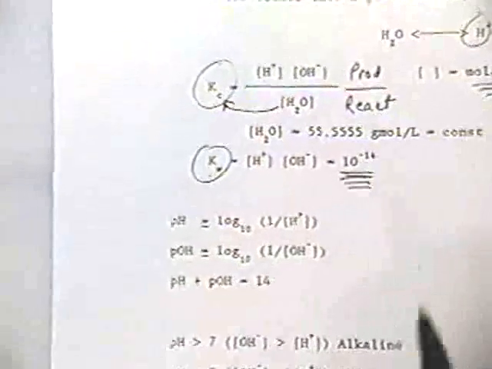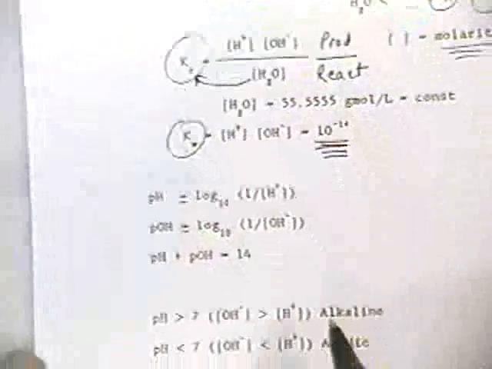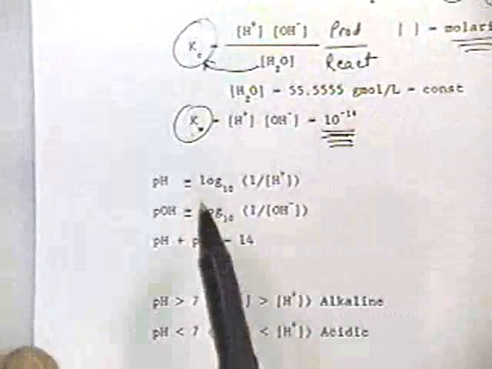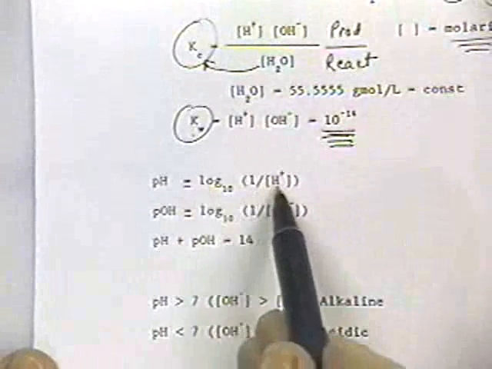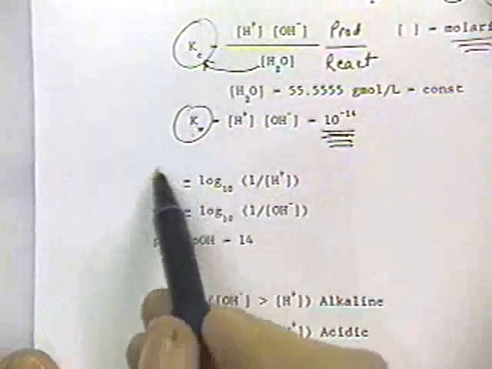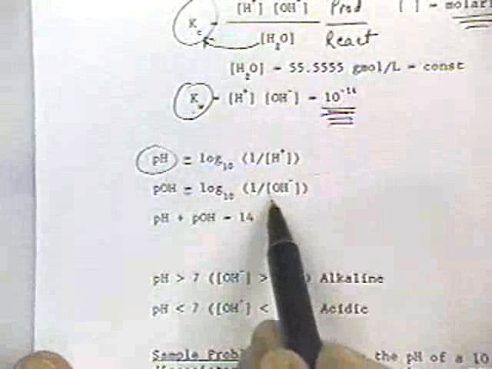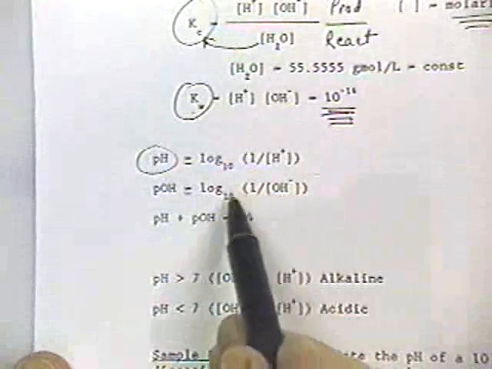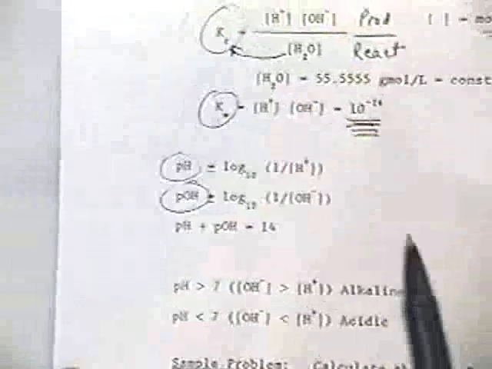Well, it's inconvenient to deal with such small numbers, so chemists have developed a system using log base 10, where you take the inverse of the proton concentration, give the log of that, and they simply call that the pH. If you take the inverse of the hydroxide ion concentration, log base 10, that's called the pOH.